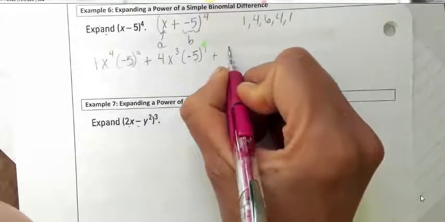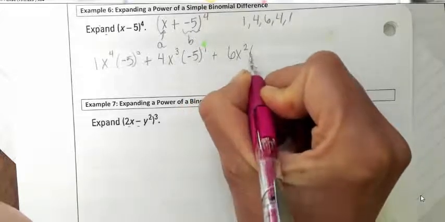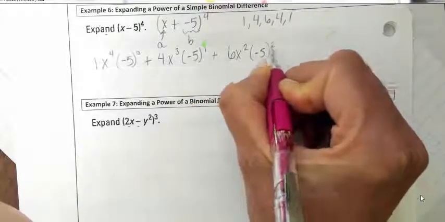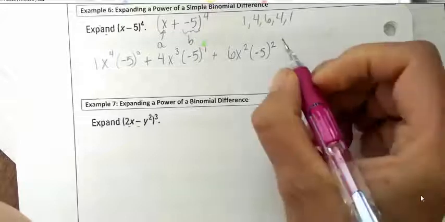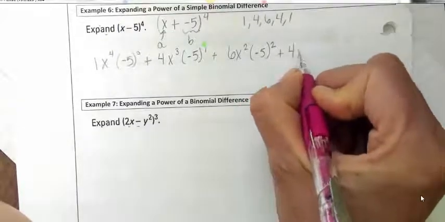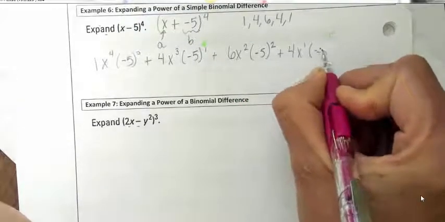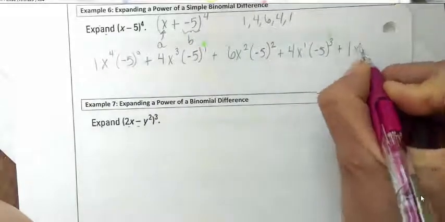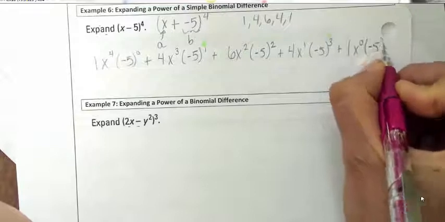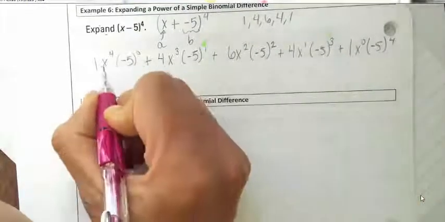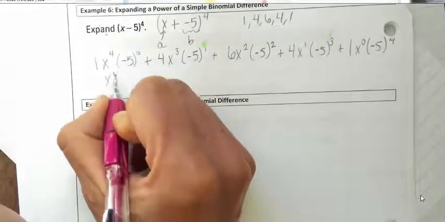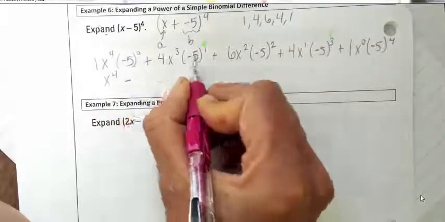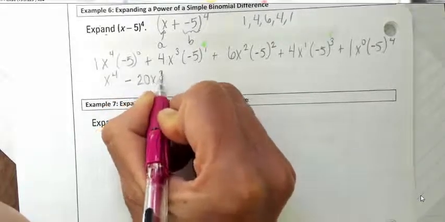All right, then I'm going to go 6. x gets 1 less power. Negative 5 gets 1 more. 4, x gets 1 less power. So now negative 5 is up to power of 3. Plus 1, x gets no powers, and negative 5 gets all the powers. All right, so this becomes x to the 4th minus, now this is 20x cubed.